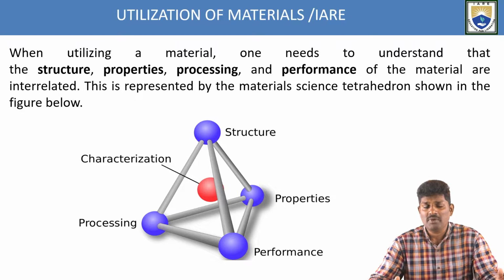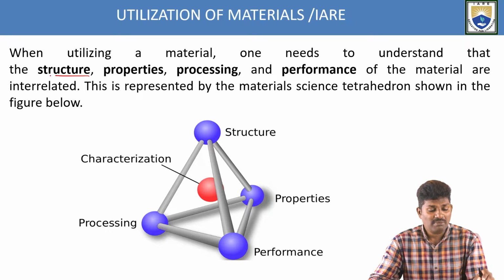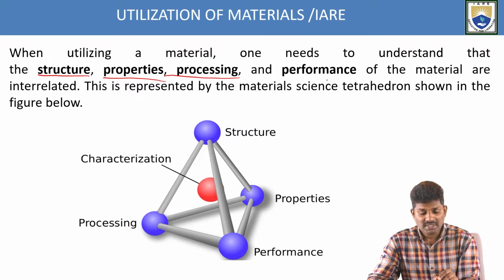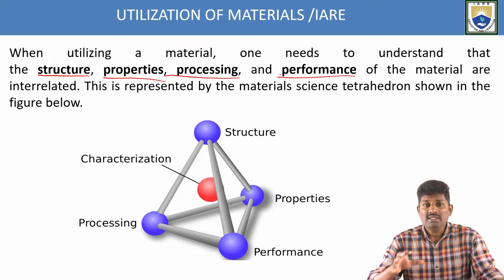So this is very, very important. When you're selecting a material, we have to understand the structure of that material, the properties of that material, how it is being processed, the synthesis of the material, and the performance. And these four characteristics are very, very important when you select a material.